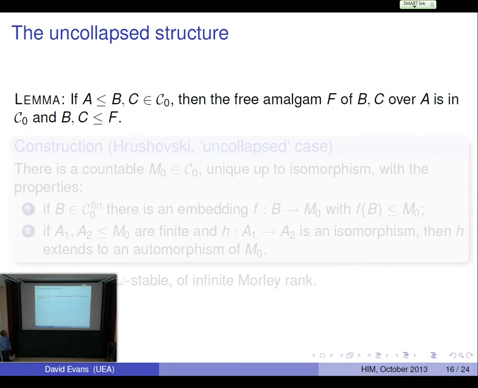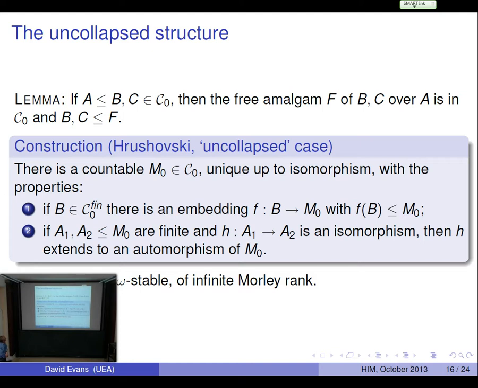Okay, so another nice thing about these structures is that you can amalgamate them, at least over strong substructures. So if A is strong in B and C, and these structures B and C are in class C0, then the free amalgam F of B and C over A is again in the class, and B and C are going to be strong in F. Yeah?